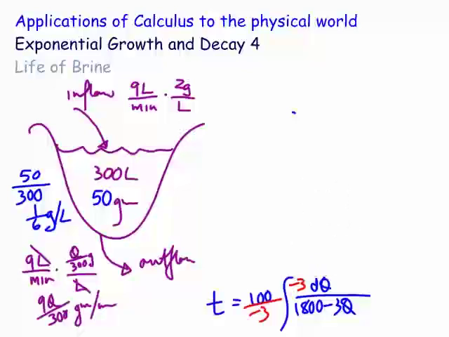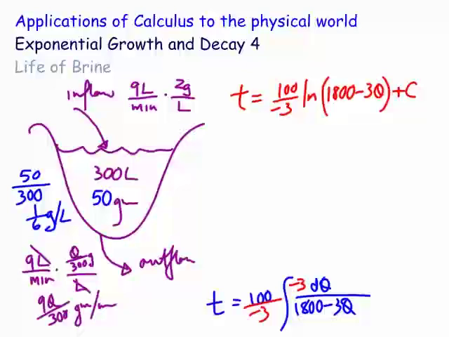Okay, so let's see, first up, what do we do? Well, let's quickly do this. T is equal to 100 on minus 3 ln, and this becomes 1800 minus 3q, plus a c.